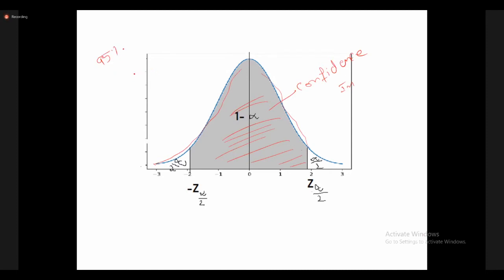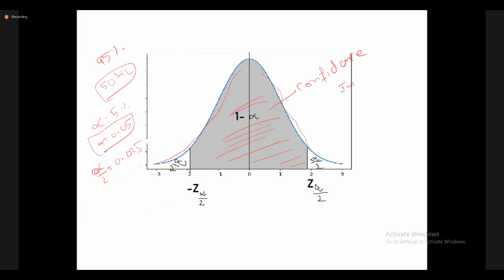That bike will give 50 kilometers per liter with 95% confidence, as in the example we just discussed. The remaining 5% is divided into two parts. 5% means the alpha value is 0.05, and alpha by 2 means 0.025.